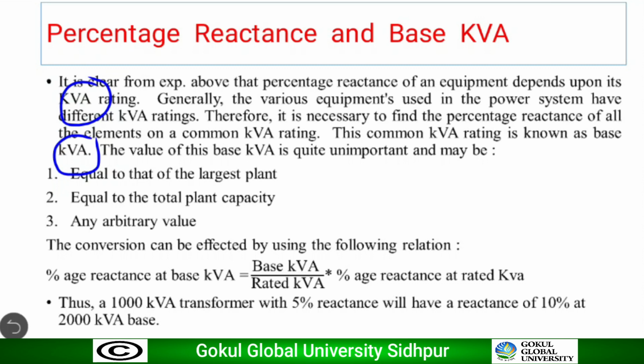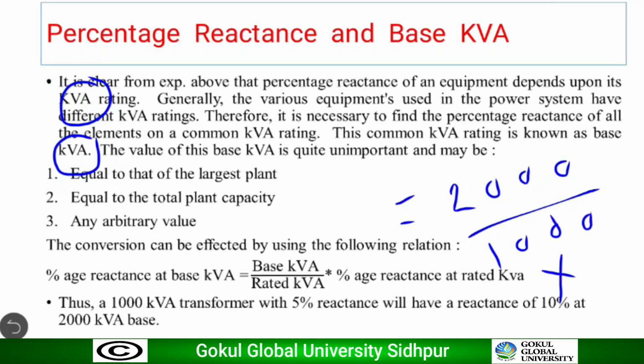So it is 2000 divided by the rated kVA, which is 1000, into the percentage reactance at rated kVA, which is 5%.